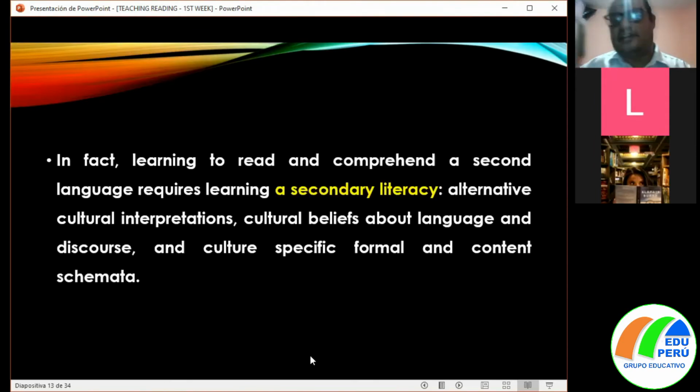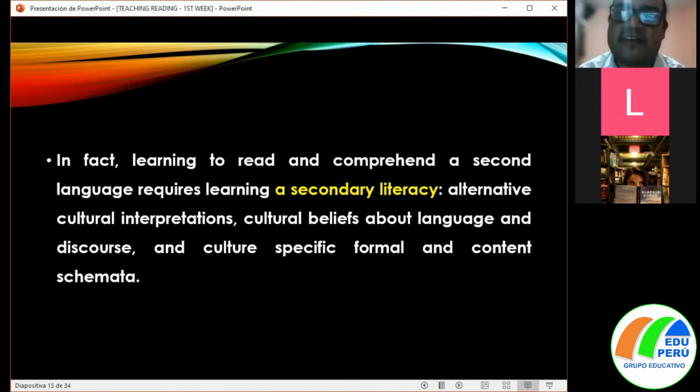In fact, learning to read and comprehend a second language requires learning a secondary literacy: alternative cultural interpretations, cultural beliefs about the language and discourse, and culture-specific formal and content schemata.